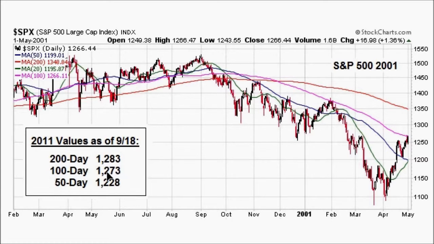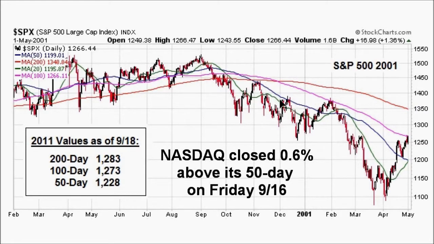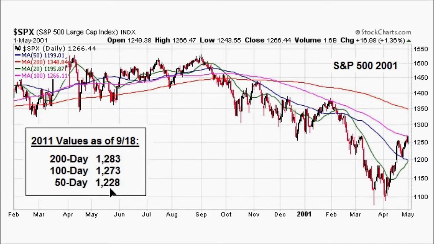Currently, the 100-day moving average on the S&P 500 in 2011, as of 9/18, which is this pink line, sits at 1273. You can also see in a bear market that the blue line, which is the 50-day moving average, often acts as resistance. 50-day resistance, 50-day resistance. 50-day in 2011 sits at 1228. So these are figures to watch next week or in the coming week.